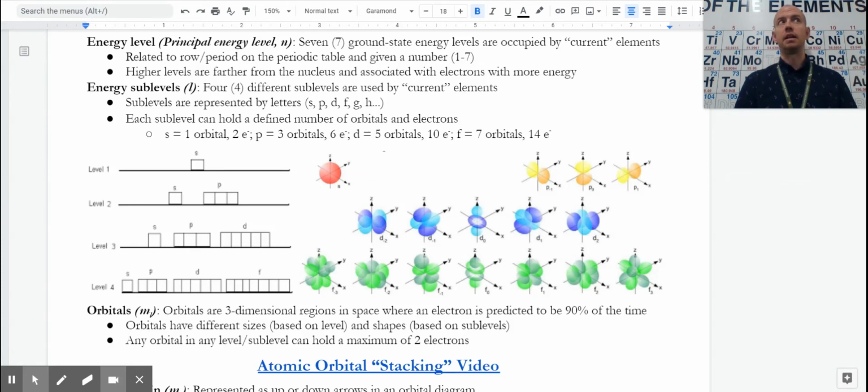In this video, you can click if you want a more 3-dimensional version of what it means to have orbitals in level 1 and in level 2 and in level 3 and in level 4, and how they would go one after another. In the classroom, we have 3-dimensional models that also show these things, if you have a hard time seeing what these pictures might look like in actual space.